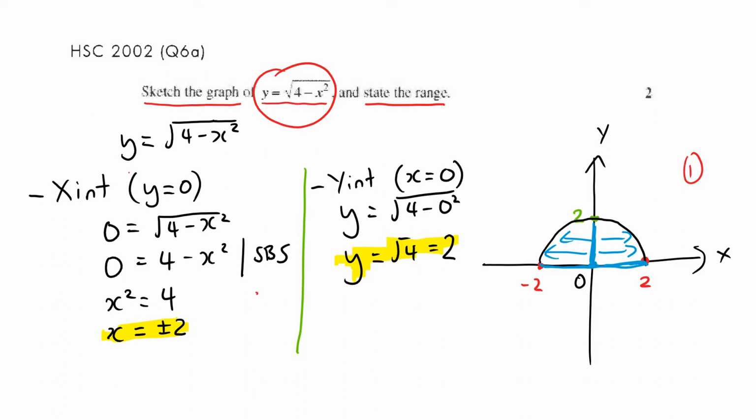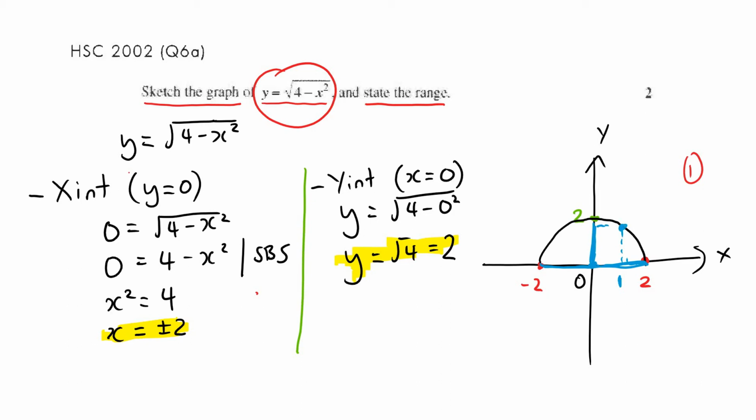So, for instance, let me just get rid of these arrows so I can show you what I'm talking about. Imagine if I put in the x value of 1. Okay, so let's say I put in the x value of 1, which could be maybe somewhere here. Okay, so that's x equals 1. You can see that it touches the curve.